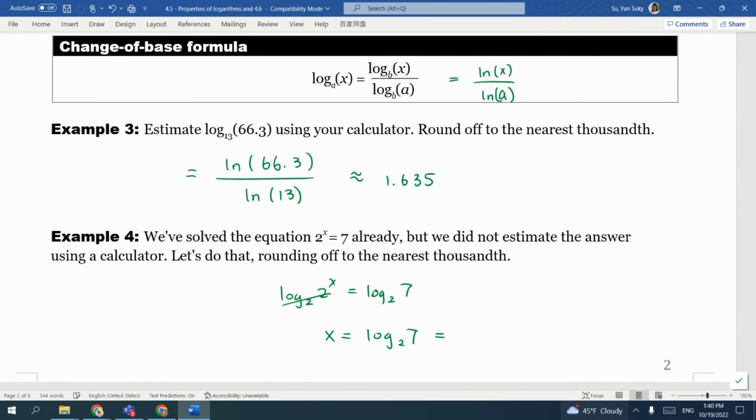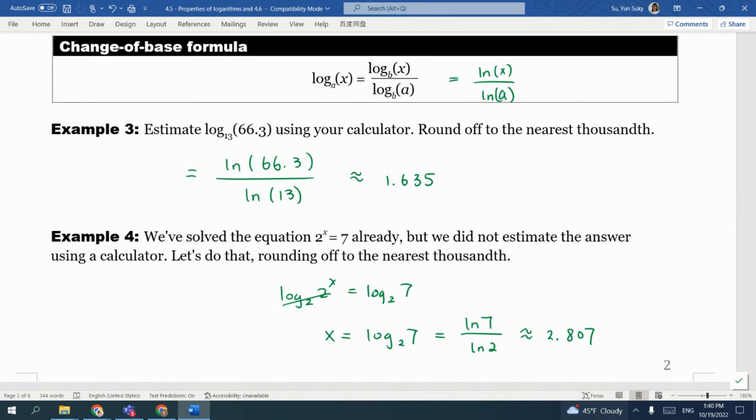Now, because of the change of base formula, this is ln 7 over ln 2. What do you get? Approximately 2.807.